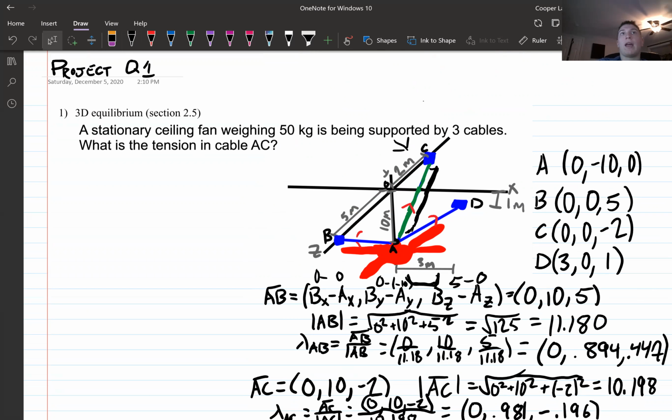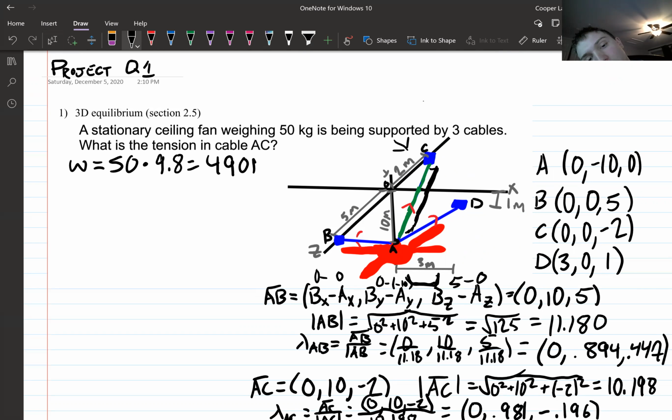All I know is this problem gives me the weight, so I have to calculate the force it presses down. My weight equals my 50 kilograms times the force of gravity, which we're going to use 9.8 for, which gives me about 490 newtons when I plug that into a calculator.